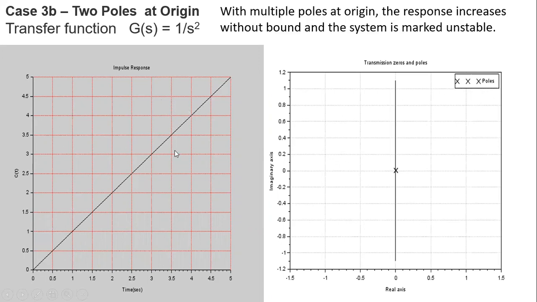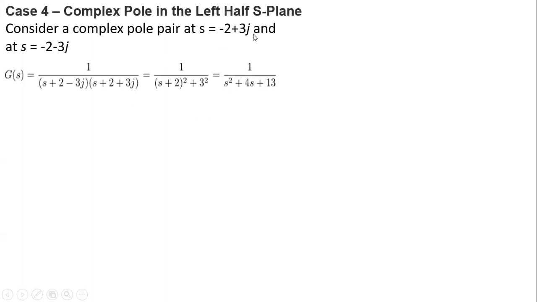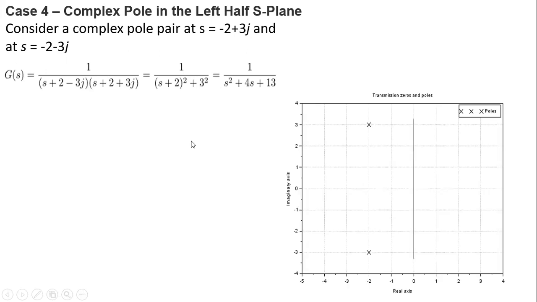So case 4, the complex poles in the left half of the S-plane. We get s = -2 + 3j and s = -2 - 3j for this equation, because of which we get this transfer function. Here the real part is -2 and the imaginary part is 3, so -2 + 3j, and similarly -2 - 3j.